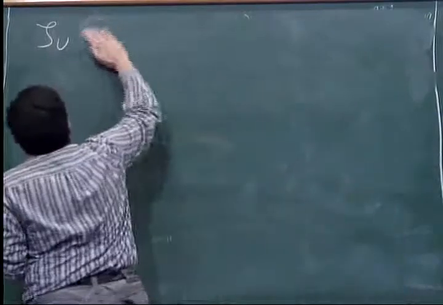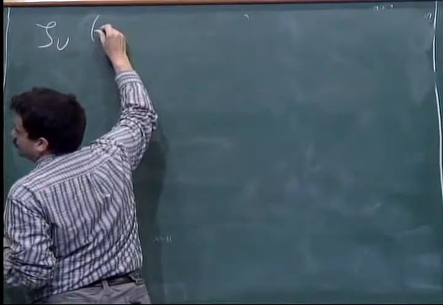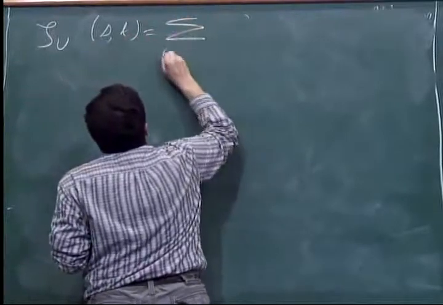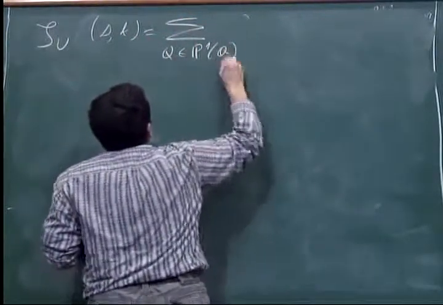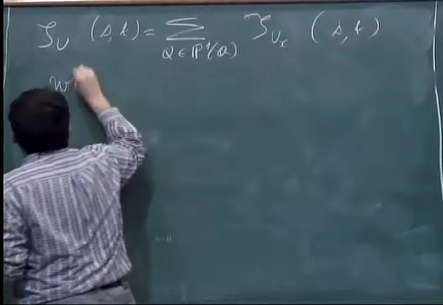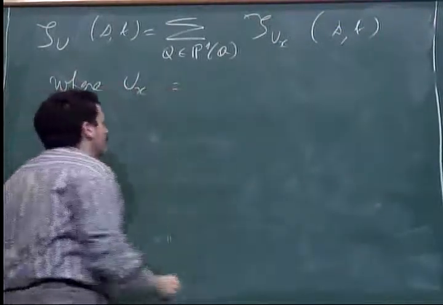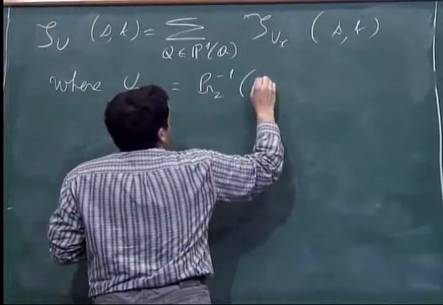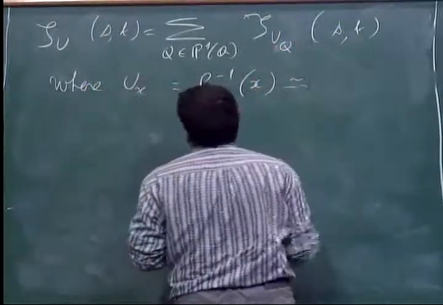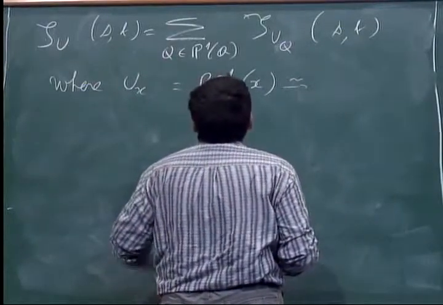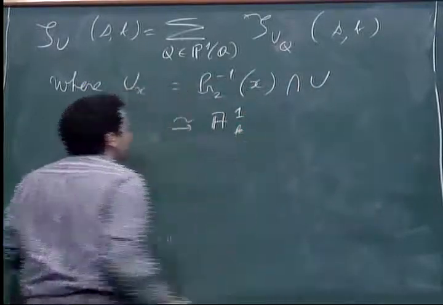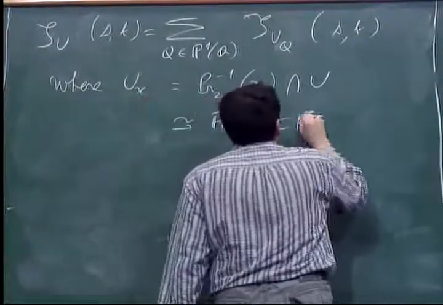So more precisely, zeta of U of S and T, I write it as the sum for Q belonging to P1 of Q of zeta of Ux of S and T, where Ux is a fiber of the second projection, intersected with U, and which is isomorphic to an affine line. So I see it, in fact, in the projective.